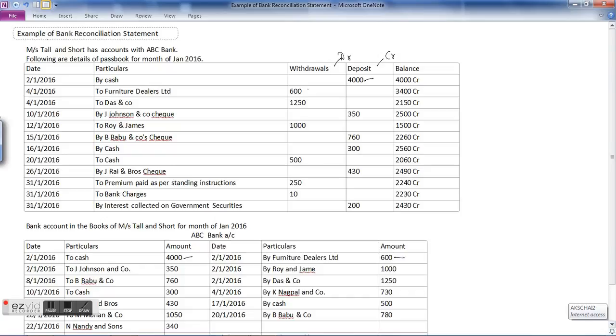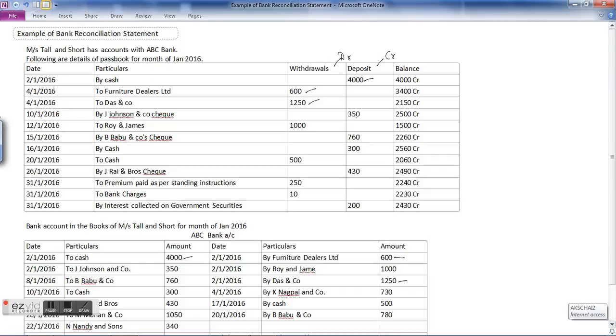Next transaction, to Das and Company 1250, again a debit transaction on 4/1. Let's see if we have it here. You have it on 2nd Jan 2016 by Das and Company 1250. Next, by J. Johnson and Company, check rupees 350.